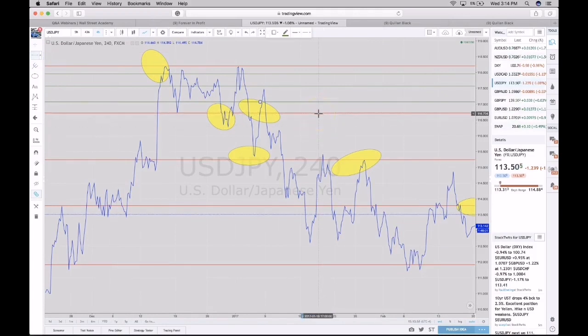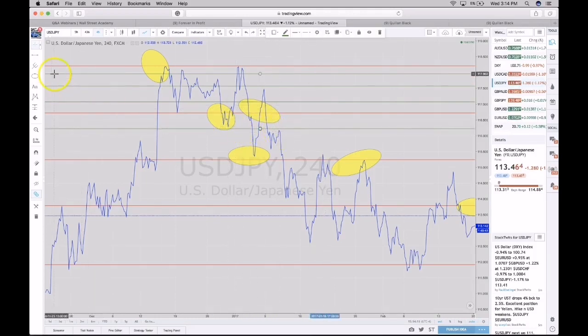Now down here, this zone, scrolling down slowly. It's a gap, 1, 2. That's a gap.